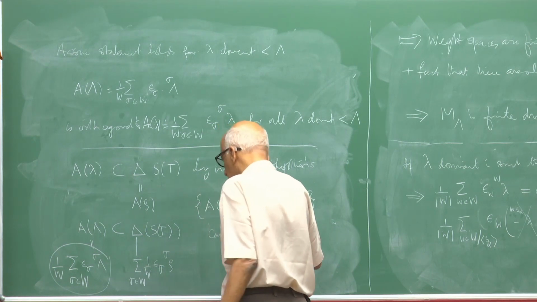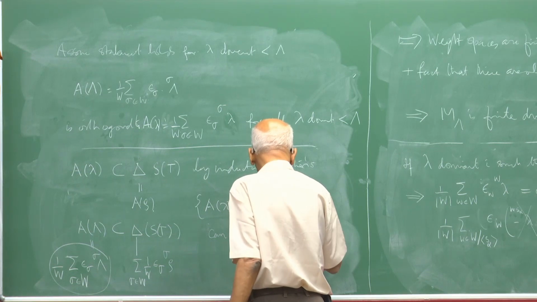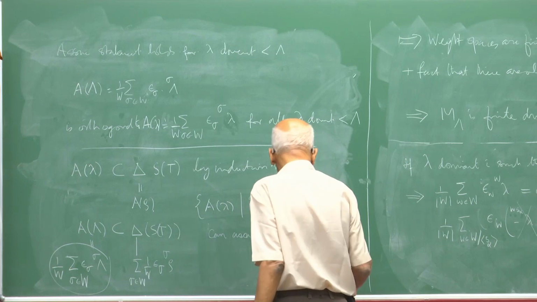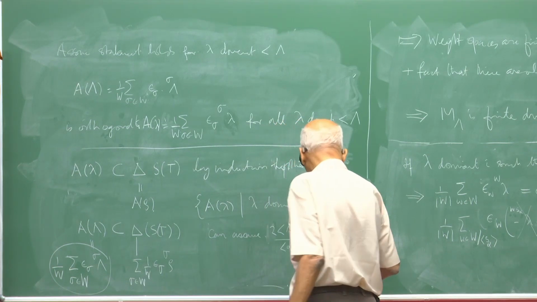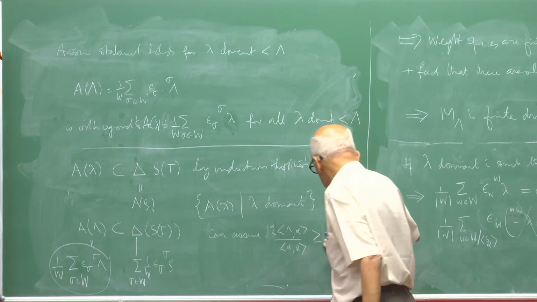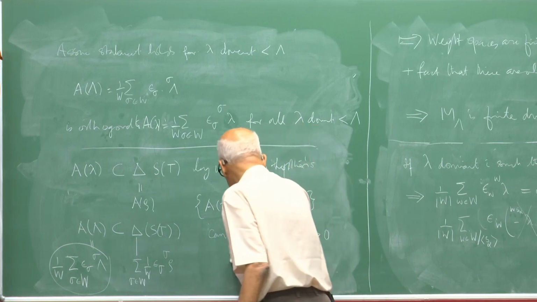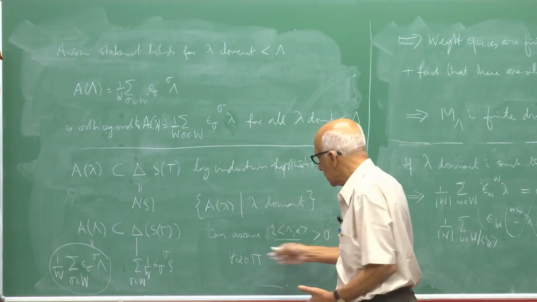lambda 2 lambda alpha by alpha alpha is greater than or equal to 0. Is an integer strictly greater than 0 for every alpha pi. Because we have seen if it's 0, then the average is 0.